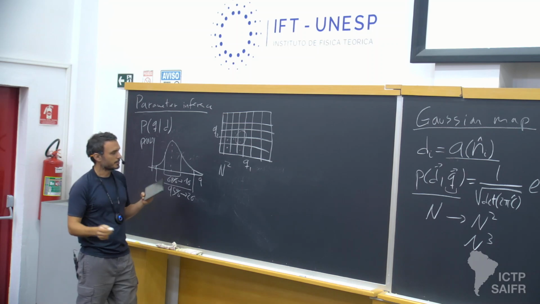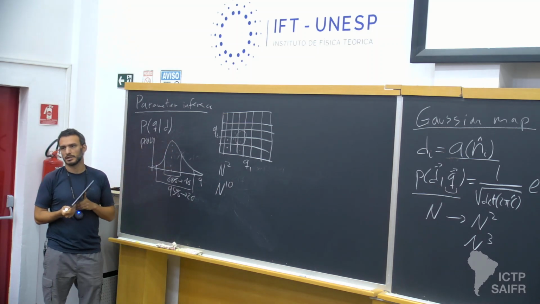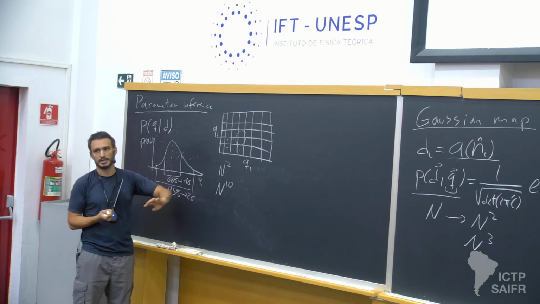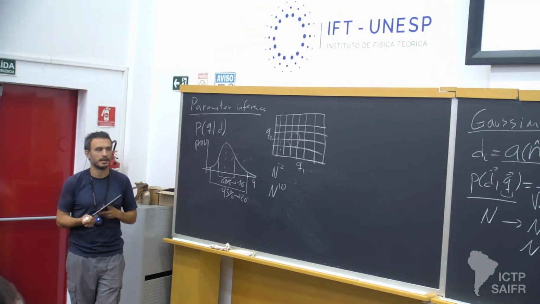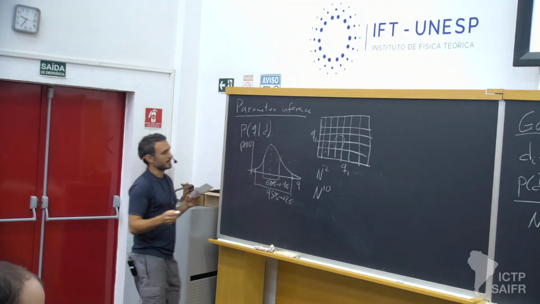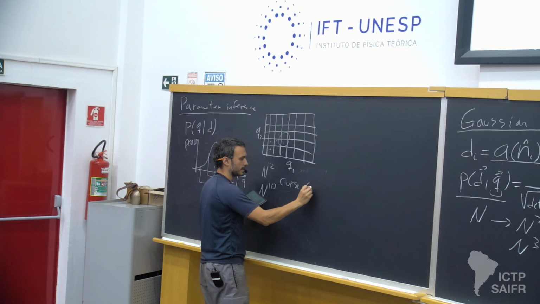If you have 10 parameters, then you'll have n to the power of 10 points at which to evaluate this. So very quickly, this becomes completely untenable, right? You can't even store that many values in a computer. If you have n equals 10, let's say, 10 to the 10 is a huge number. So we need to do something, right? This is called the curse of dimensionality.